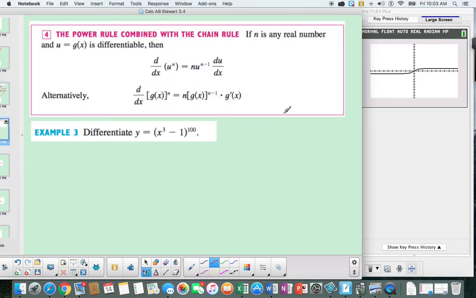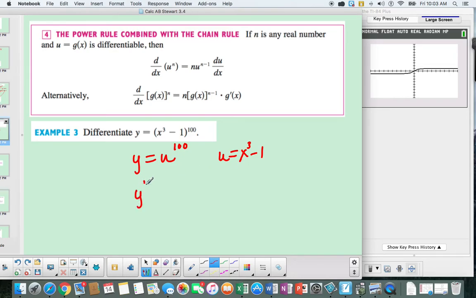All right, now let's take a look at the power rule again. In here, the power rule is combined with the chain rule, so our inner function could be something more than just x. Again, I'm going to identify my outer function: y is equal to u to the 100th power. So my outer function is a power rule. My inner function is also a power rule, but it's more like a two-term expression.